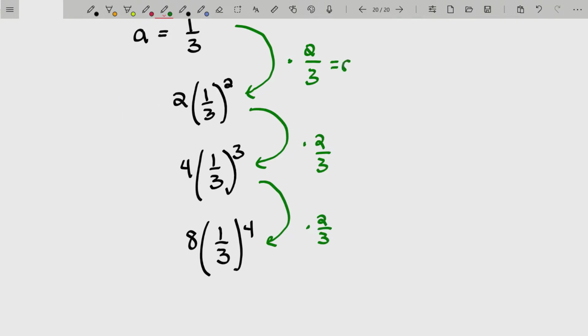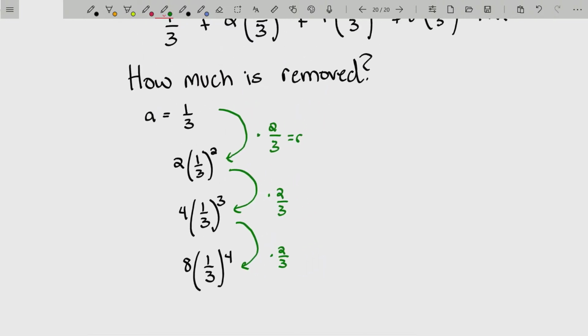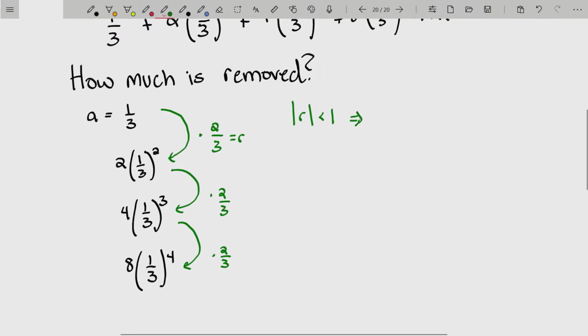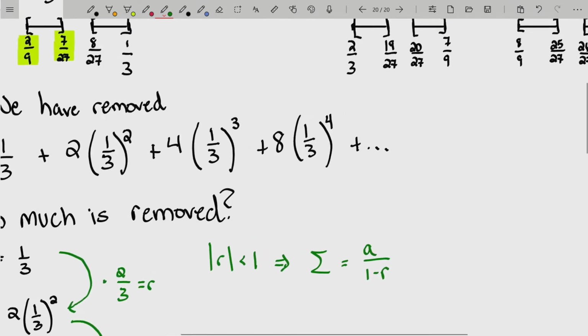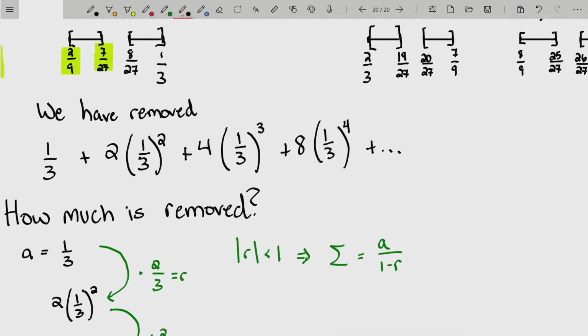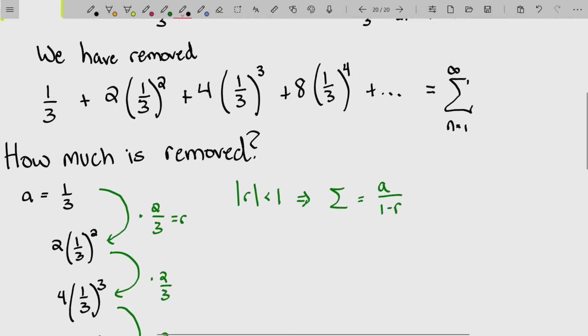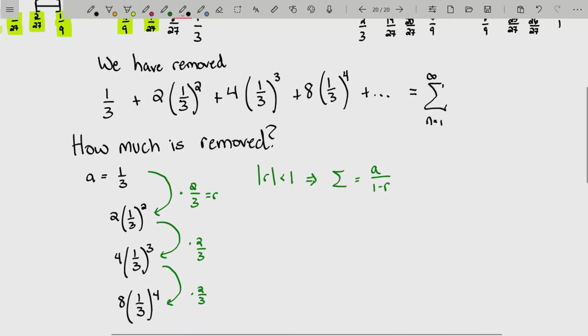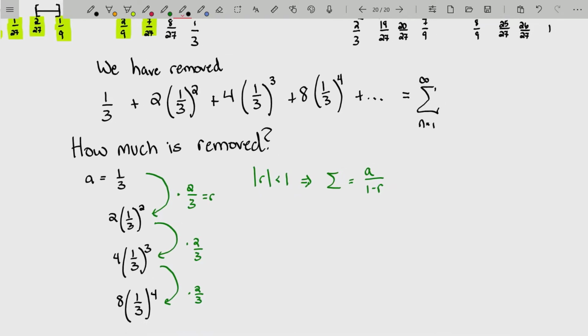So our common ratio is 2/3, and again, as I've been saying all along, since the common ratio is less than 1, this implies the infinite sum can be written as A over 1 minus R. So let's go ahead and rewrite this as an infinite sum. It is the summation n equals 1 to infinity of our geometric sequence, which we didn't write down, but we can now.